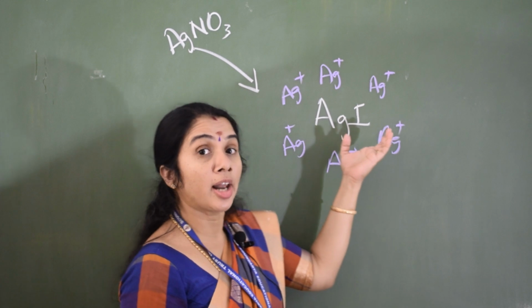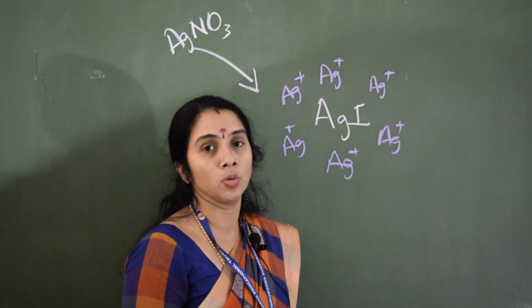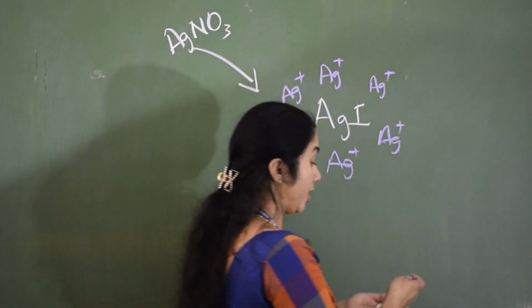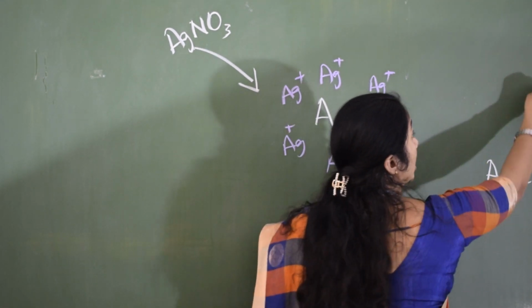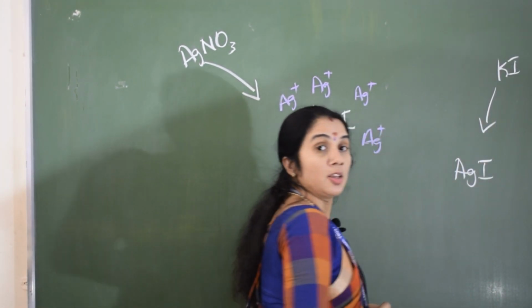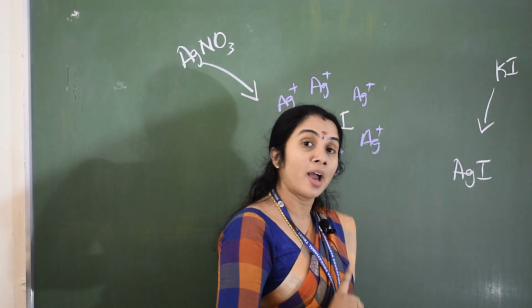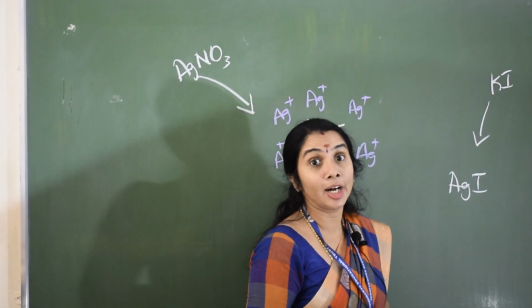But silver iodide sol can be converted to a negatively charged particle also. How? For silver iodide, if potassium iodide is added as a peptizing agent, which is the common ion here? I minus, iodide ion.